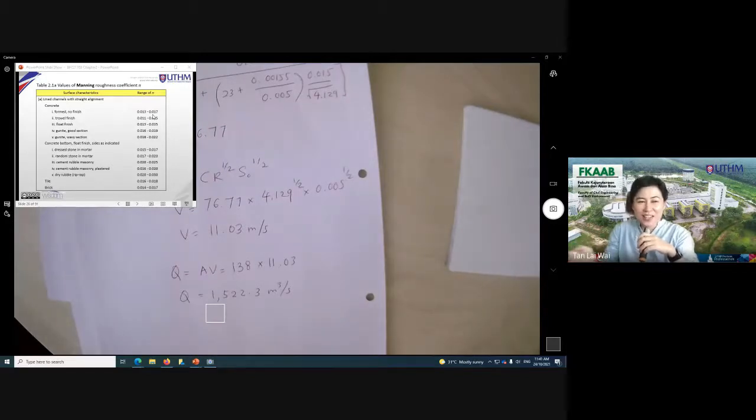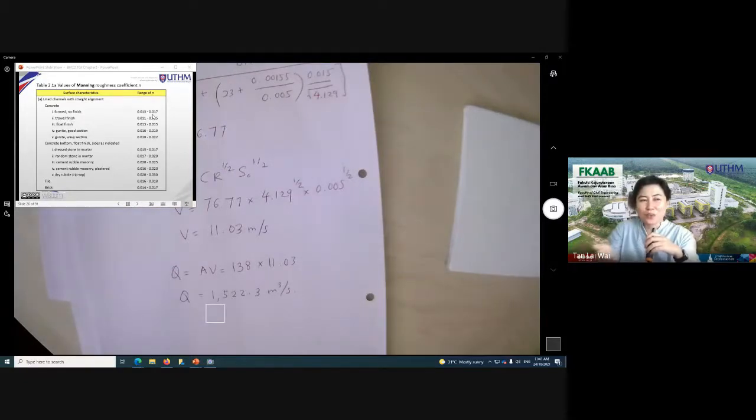To explain why you need to use 0.013 or 0.017, actually you need to go to site. You need to know the real condition of that concrete form, no finish, whether it's rough, very rough, or smooth. If it's rougher, your expected velocity will be smaller, so you can use 0.017. If you are guessing the velocity is higher, you'll use Manning N 0.013. When you become an engineer later, normally before you design, you need to go to site first.